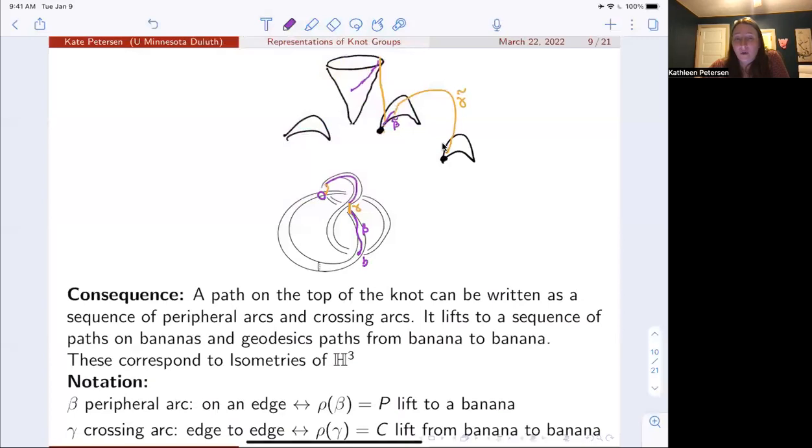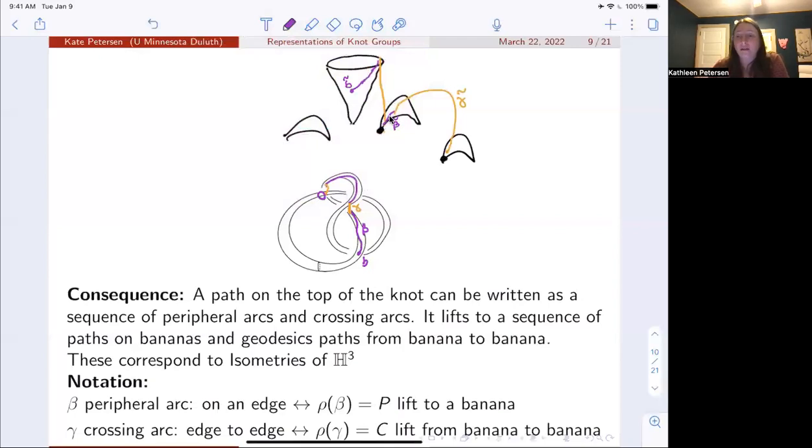Okay, but it's very important that the isometries I get really depend on which bananas we're talking about. So it really depends on this lift of my base point, B tilde. So for example, this first beta would lift to a beta tilde here on this very particular banana. And then this next beta, which is the lift of this one, is actually lying on a different banana.